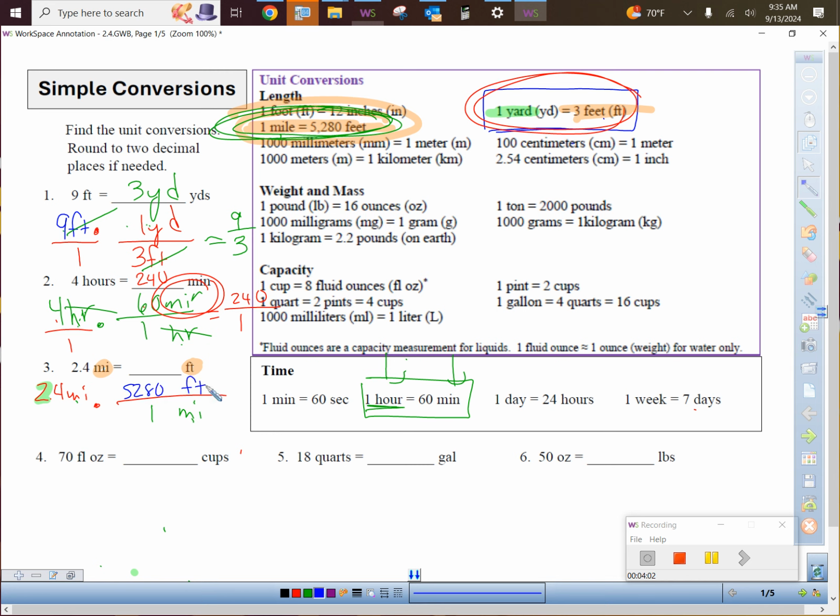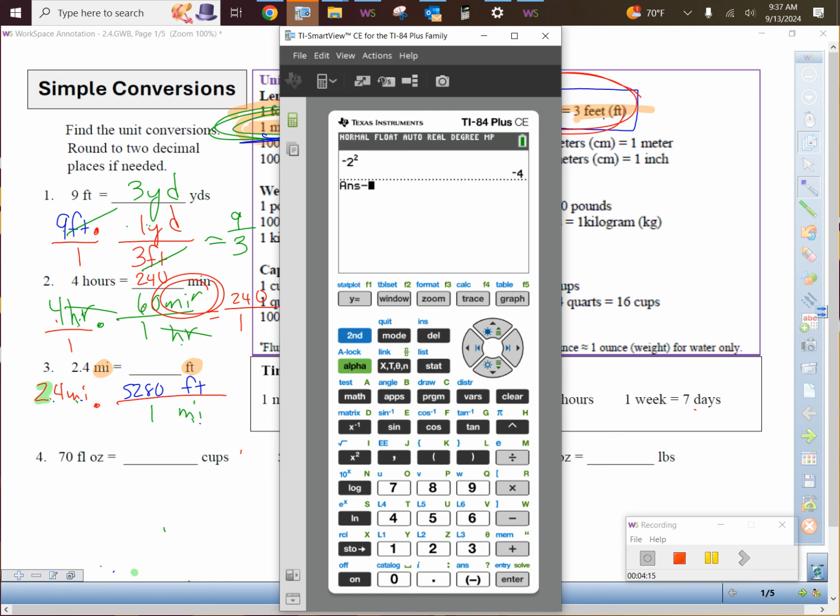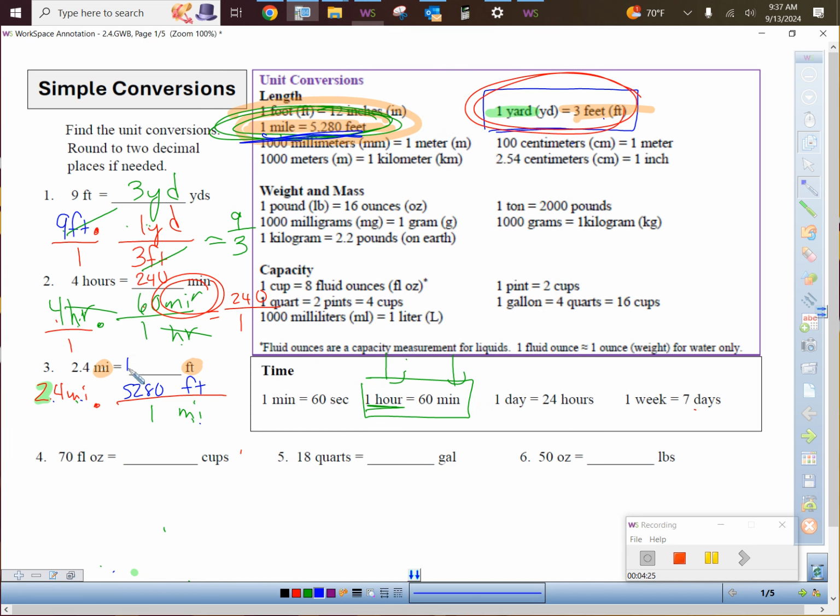Are you guys with me on just taking this unit right here and putting whatever this label is? If he's upstairs, that guy's got to be downstairs. So this says you need to take 2.4 times 5,280. Let's do that. 2.4 times 5,280. And that's a big one, man. 12,672.